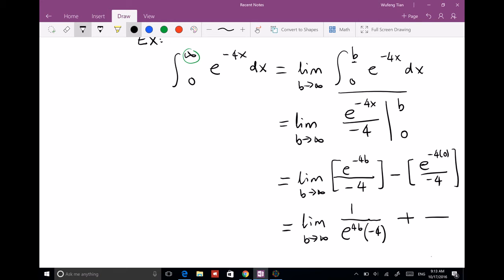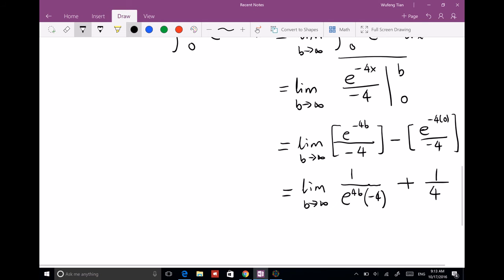E to power 0, what is e to power 0? You press the button. Okay, e to power 0 is 1. So minus is a plus, so it's plus 1/4. So the whole thing equals 1 over 4. And we're down here.